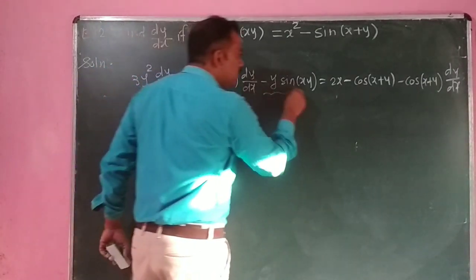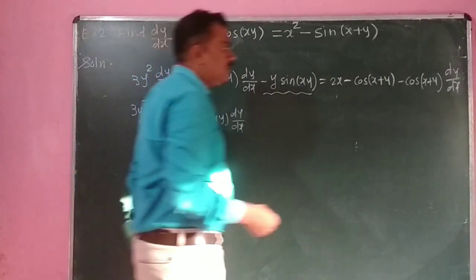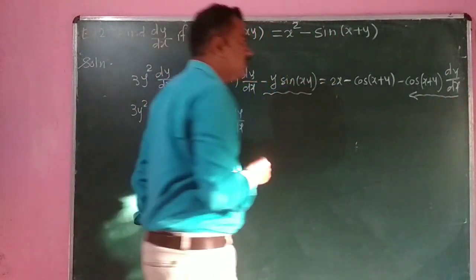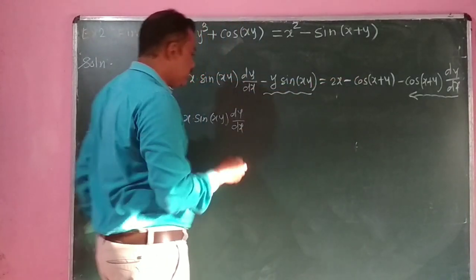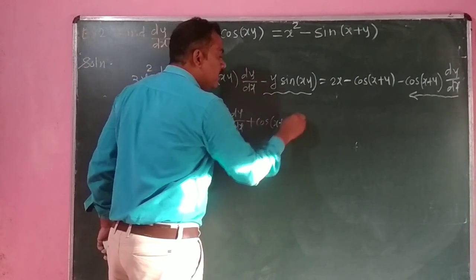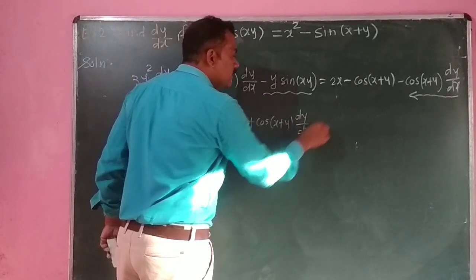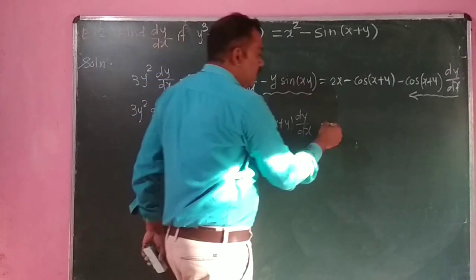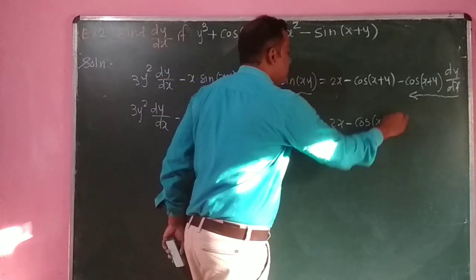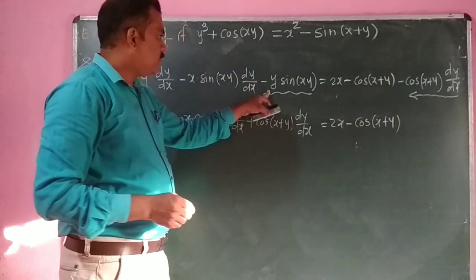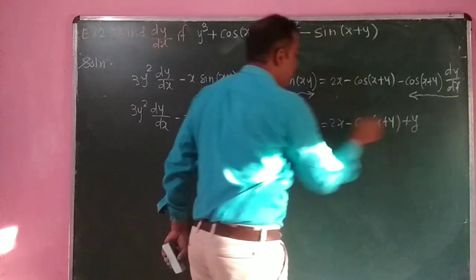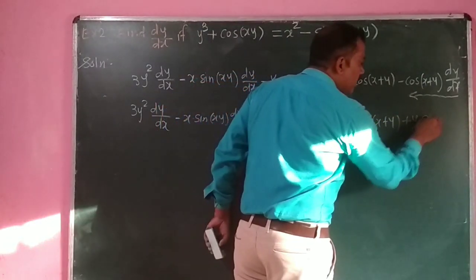We have to transfer this term to the RHS, and this term which contains dy by dx we have to take on the LHS, minus, on this side it must be plus cos of x plus y dy by dx, is equal to, on the RHS original terms are 2x minus cos of x plus y. We have to transfer this term to the RHS, minus becomes, on this side it must be plus y sine of xy.